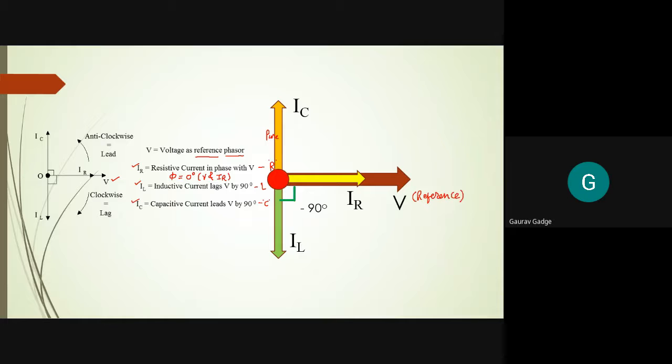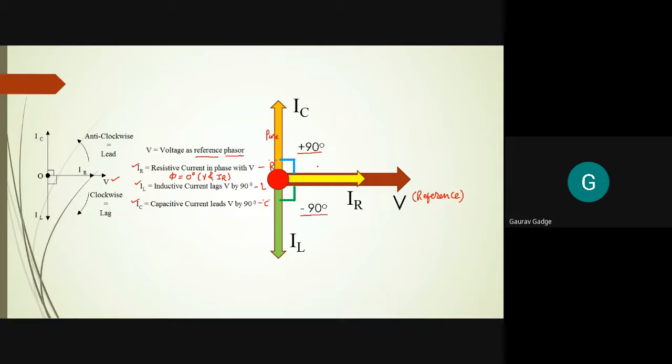So if this is the reference phasor, with respect to the reference phasor, inductive current has a phase shift of 90 degree. Here specifically I have mentioned minus 90. Then capacitive current is on the positive y-axis. It means it has a lead of plus 90 degree.